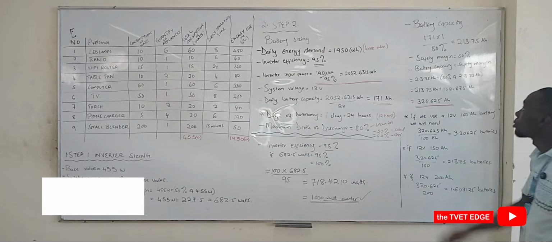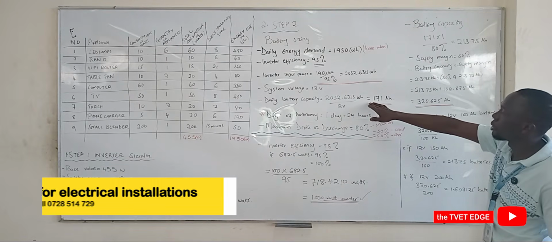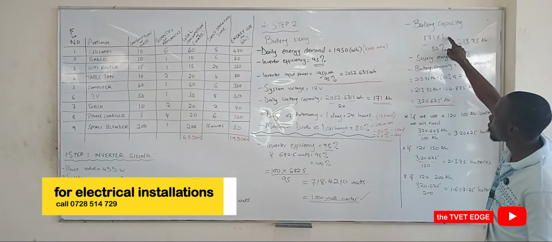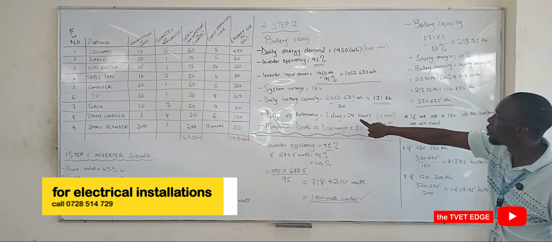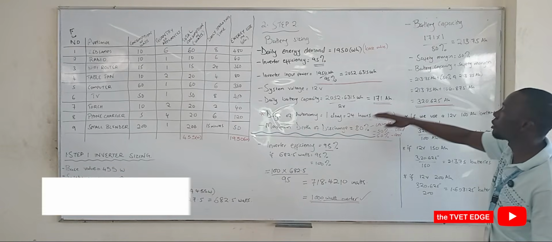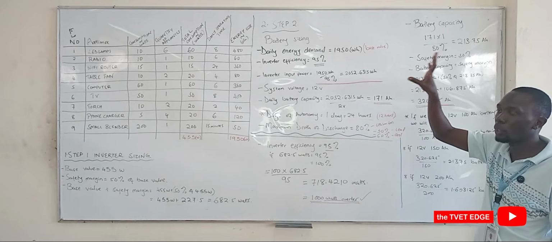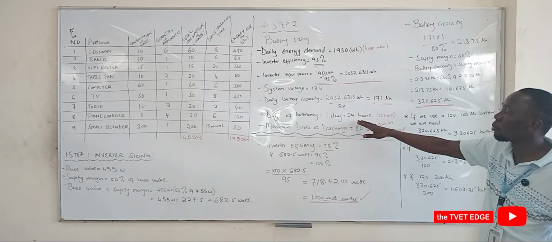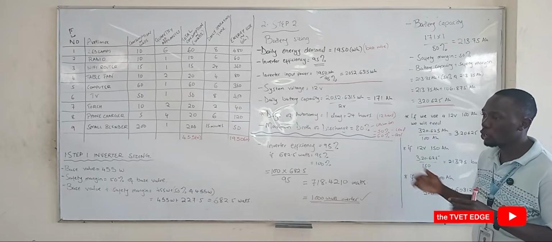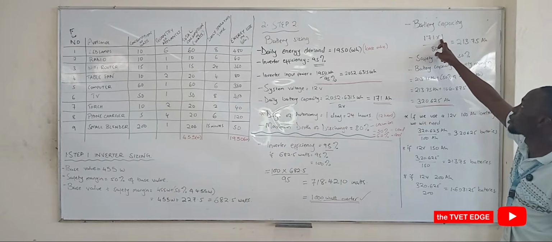So for the battery capacity, you take your 171 Ah times 1. So this one is the days of autonomy. If you want this system to run probably 3 extra days without needing to be charged, that means between the last time you charge it and the next time you charge it, you want to allow 3 days, you use 3 here instead of 1.